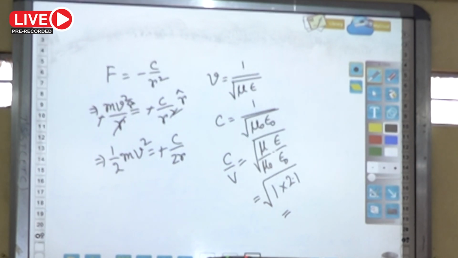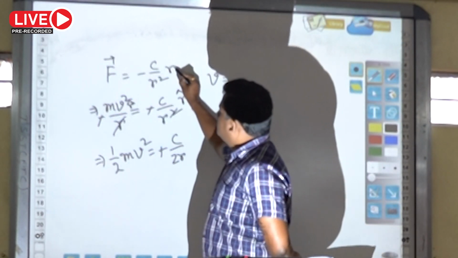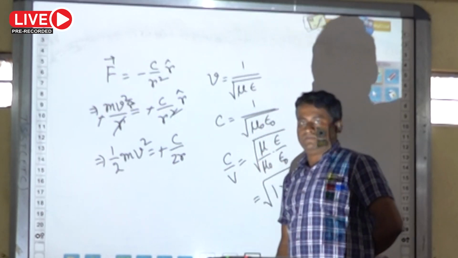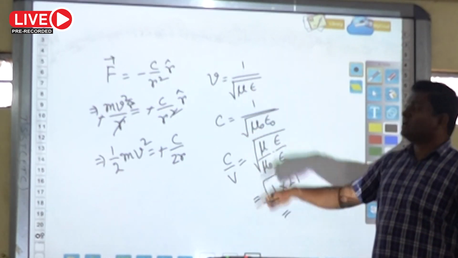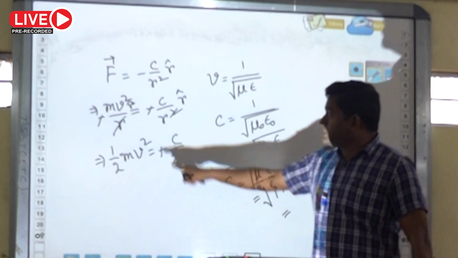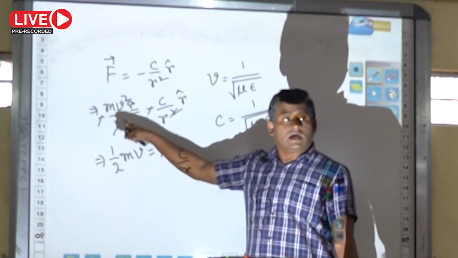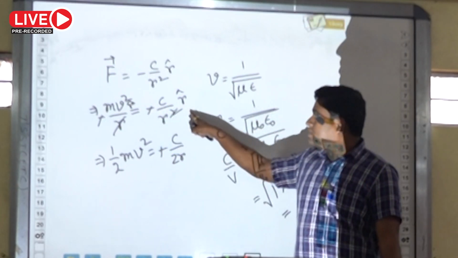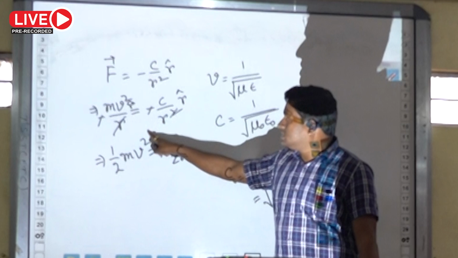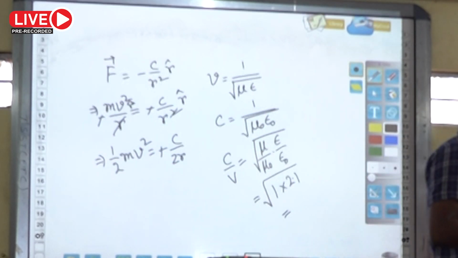So if you write the force in vector form, it should be like this. Now, in that form, if you write the mass into centripetal acceleration, mass times centripetal acceleration is minus v square by r cap. Then r cap cancels, and all this will cancel, and this should be positive because kinetic energy cannot be negative.